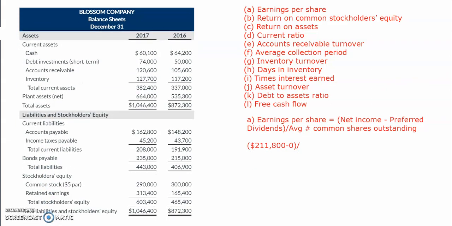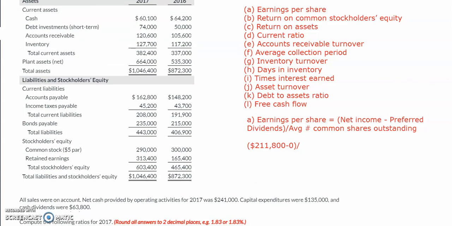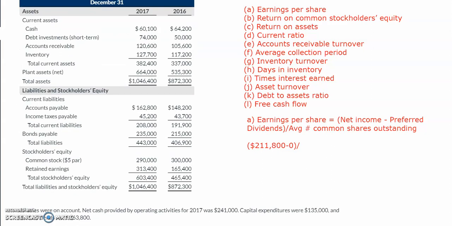When we look at the balance sheet and our additional information, there's nothing there that tells us about the number of shares outstanding. But we do have some information that we can utilize to compute this. Namely, we can look at the common stock line item to realize that the number of shares times the par value equals the dollar value reported on the balance sheet. So we can work backwards to get the number of shares that are outstanding.